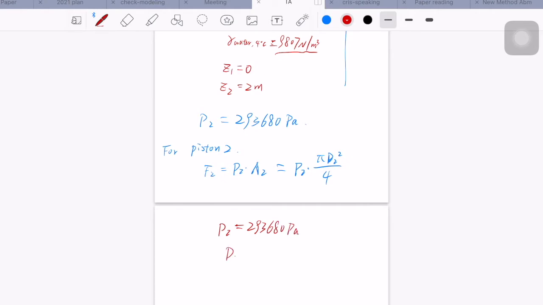And the D2 equals 10 centimeters equals 0.1 meters. So we can get that the force at piston 2, F2, should be equal to 236.6 Newton. So we finished this problem.